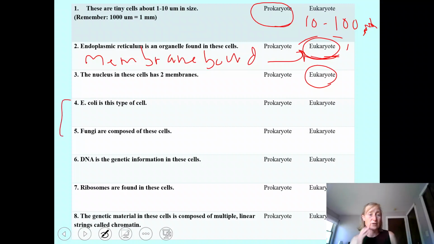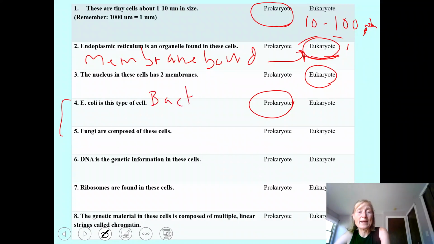Let's get to questions 4 and 5. E. coli is this type of cell. E. coli is a bacteria. You hear about it usually negatively, but we have E. coli living in our guts, doing all sorts of things for us all the time. But E. coli are bacteria. Bacteria are prokaryotes. There are 2 major categories, major domains of prokaryotic cells.